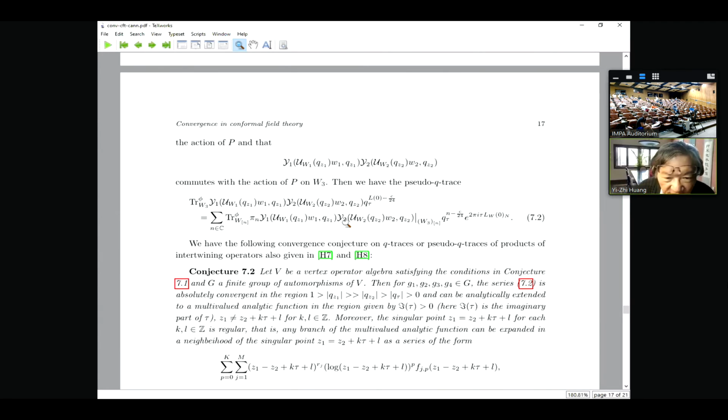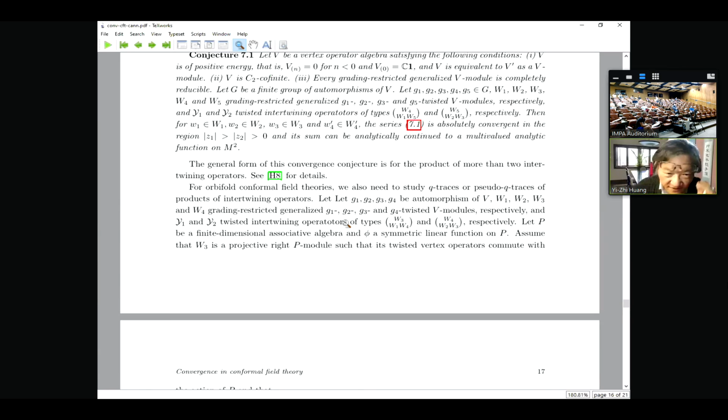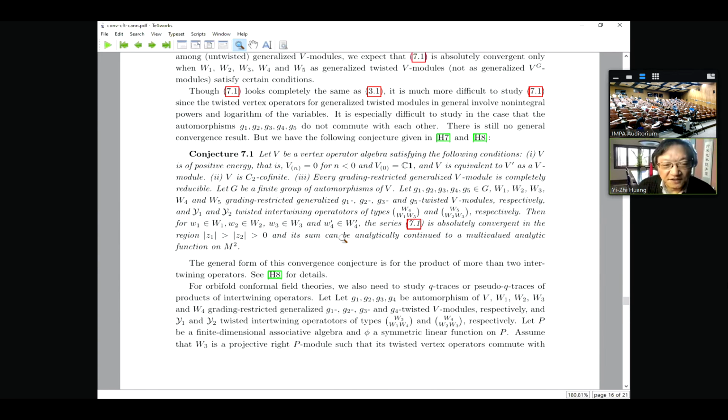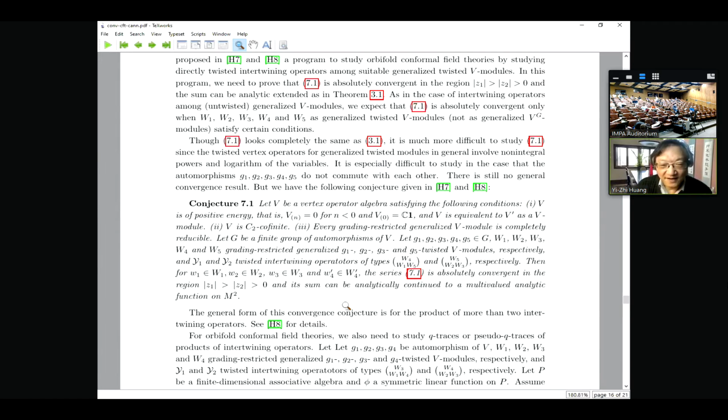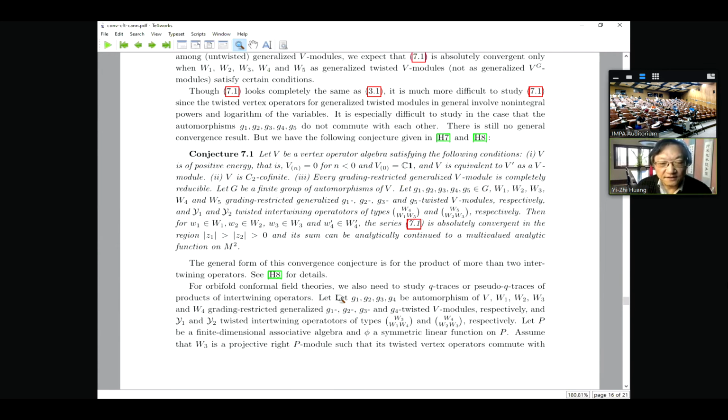Yeah. This is the paper I'm preparing. This is more precise. I have a more precise conjecture here, because I had more time to type.